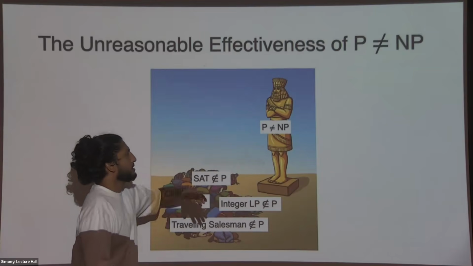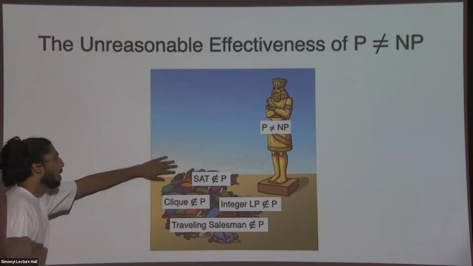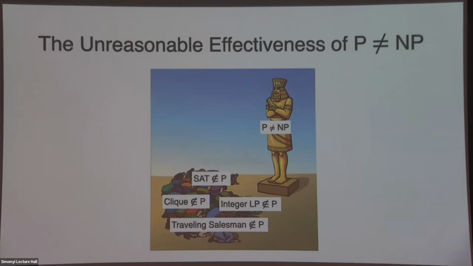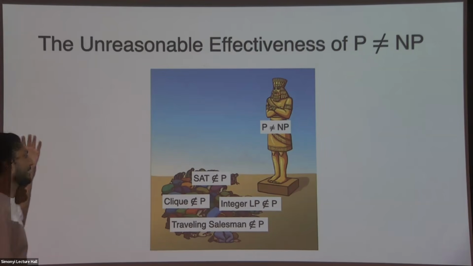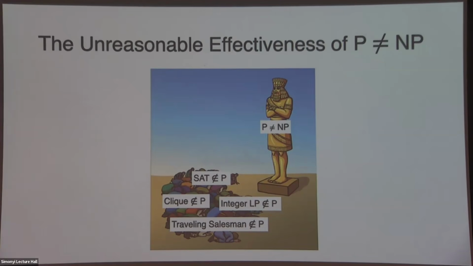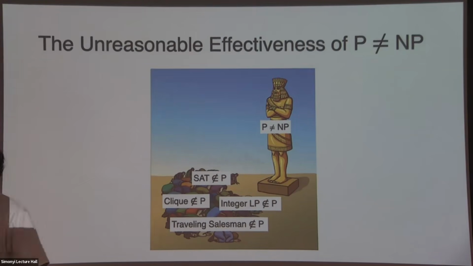An empirical phenomenon is that if you assume P not equal to NP, then it turns out that all of these natural problems, like circuit satisfiability, maybe that's not natural, but like clique, integer linear programming, traveling salesman, you throw a dart at the wall, you interpret it as a problem, probably you can show that it's NP-hard. So if you just make this assumption that P is not equal to NP, and SAT is hard, then we get all this great stuff.